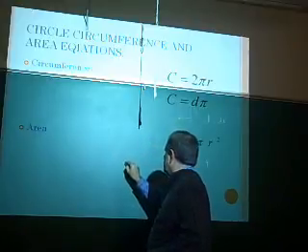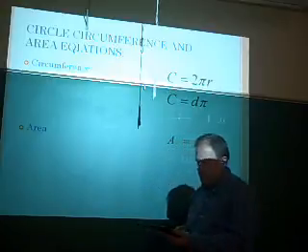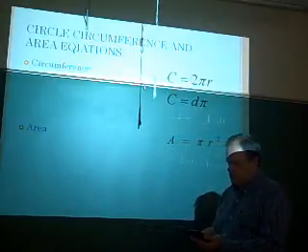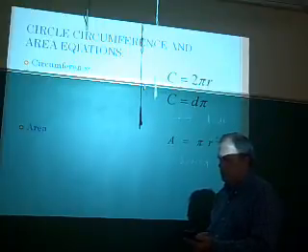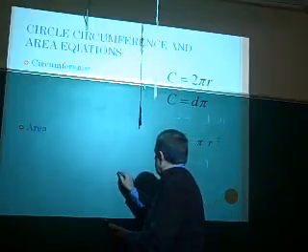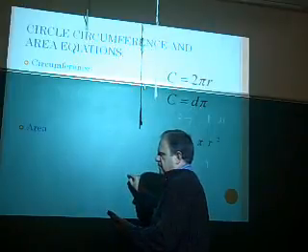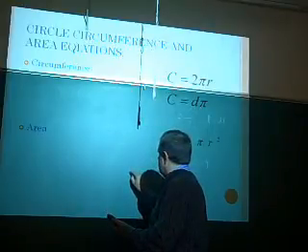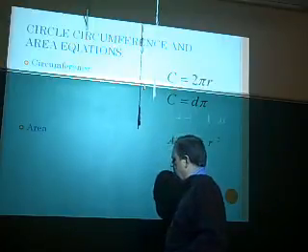So that's basically 4 pi inches. Now what you do is you put in 4 times pi on your calculator and hit enter or equals, and you get 12.56637, and it goes on.